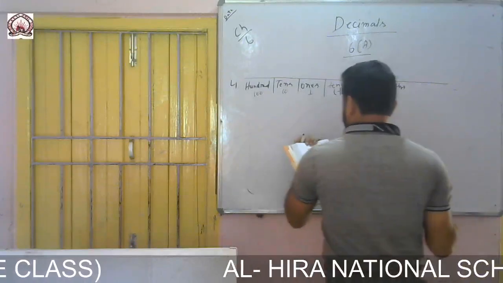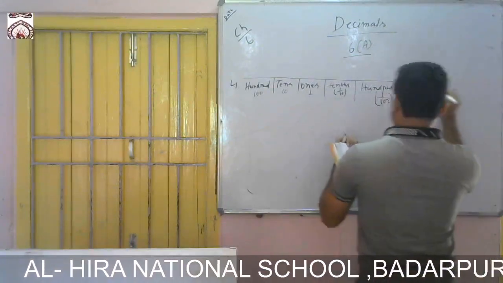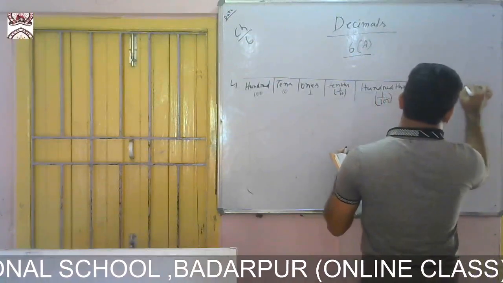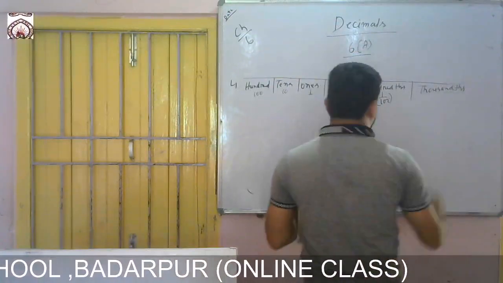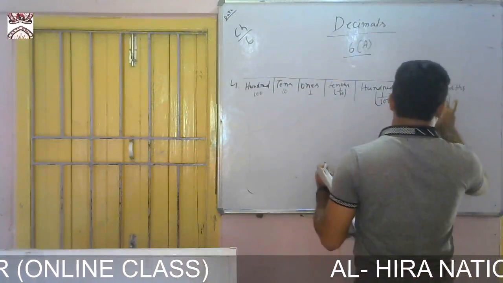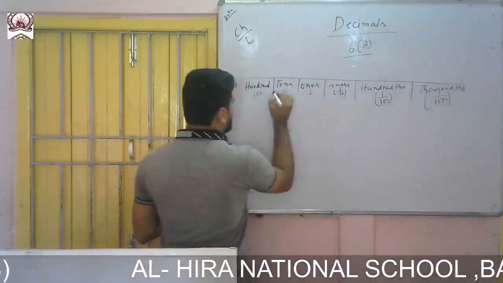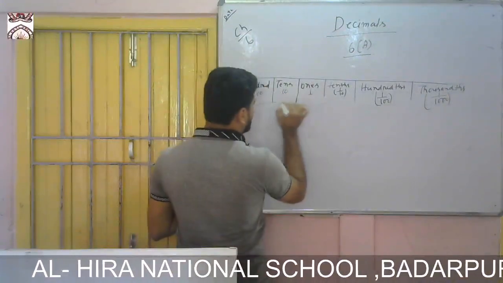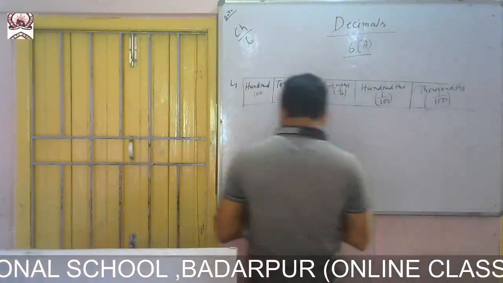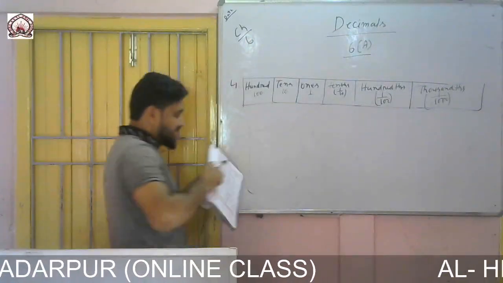Then thousandths means 1 by 1000. So these are the place values. Now what do you put? How many questions are there?